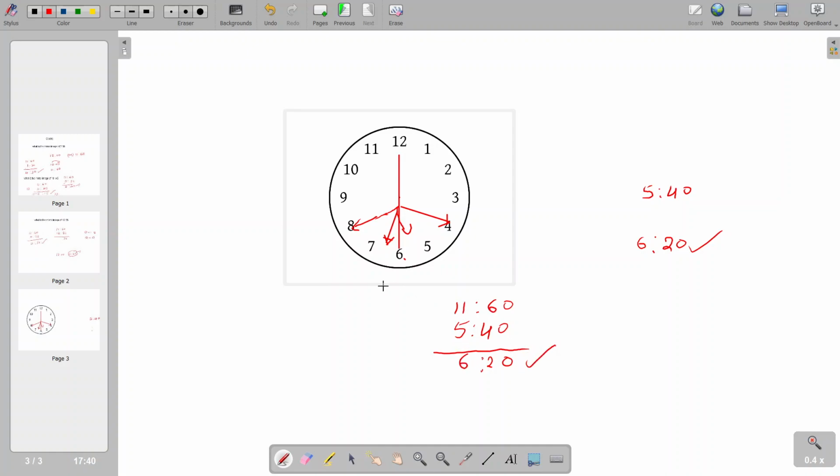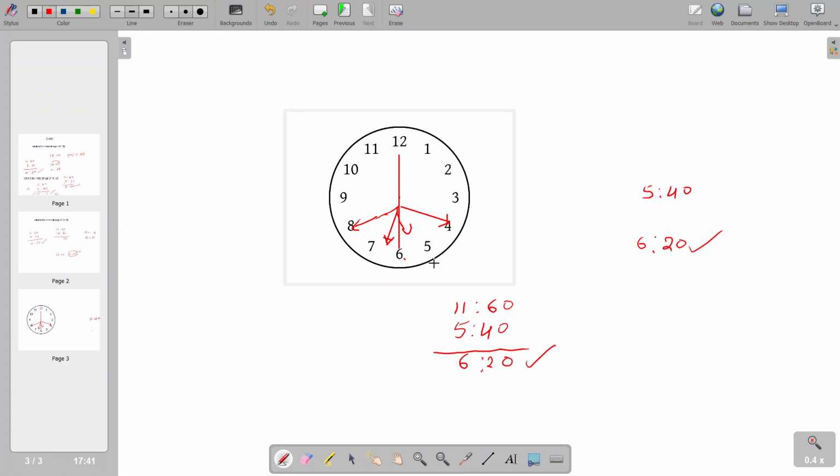So in both the methods we are getting the same answer, but using the general method will take so much time. In competitive exams we will not have that much time, so it's better to use a shortcut trick. So 1160 minus 540 means 620. Using the general method also we get the same answer.